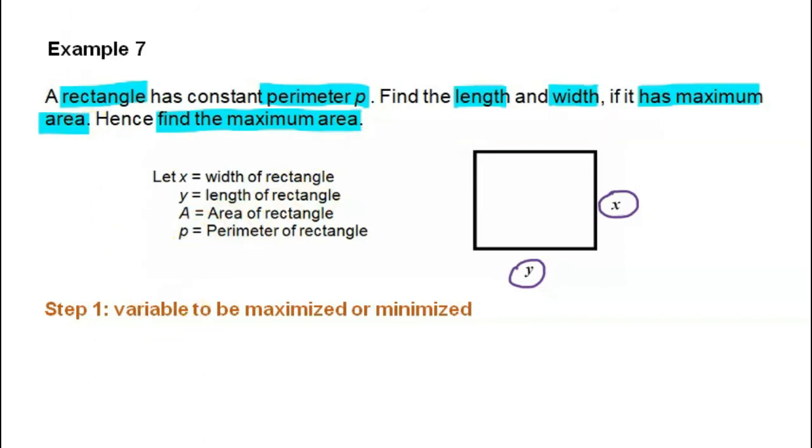So for that, we will write the area of the rectangle, which is A, is length times width. So A equals x times y. This variable A now consists of two unknowns, which are x and y.